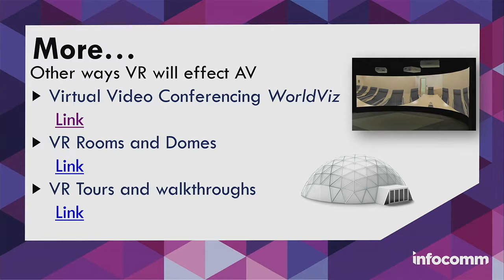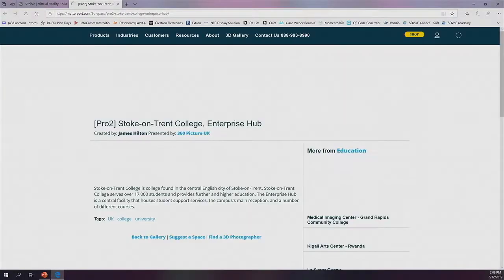And then for tours and walkthroughs, some of you may have seen this, but it's a company called Matterport. They create VR or 360-degree cameras that you can set up in different locations. A lot of realtors use this, so if you go on a realtor website, a lot of times they do virtual tours this way.